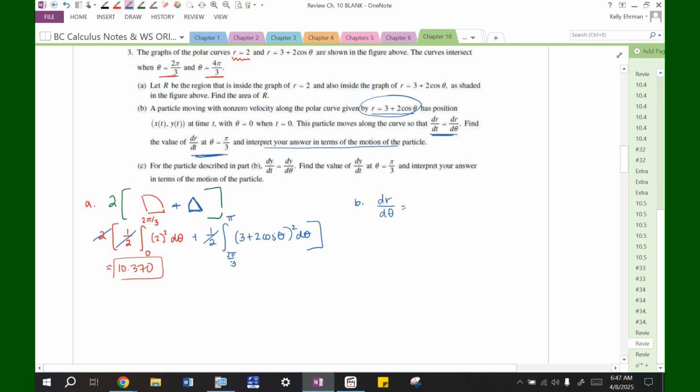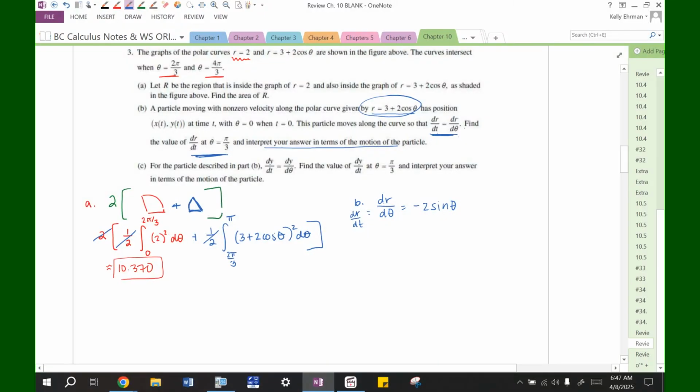Just take this derivative. So that's 0, and then this becomes minus 2 sine theta. So this is dr d theta. And remember, dr d theta is equal to dr dt. So dr dt is also negative 2 sine theta.